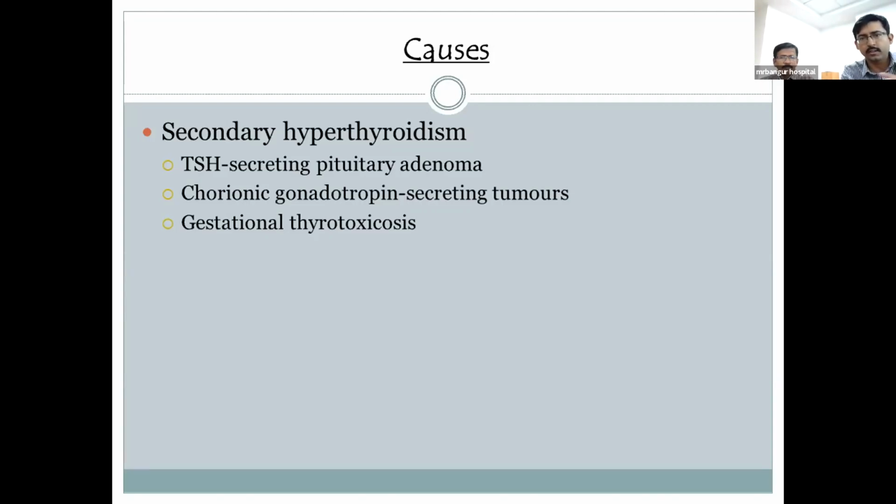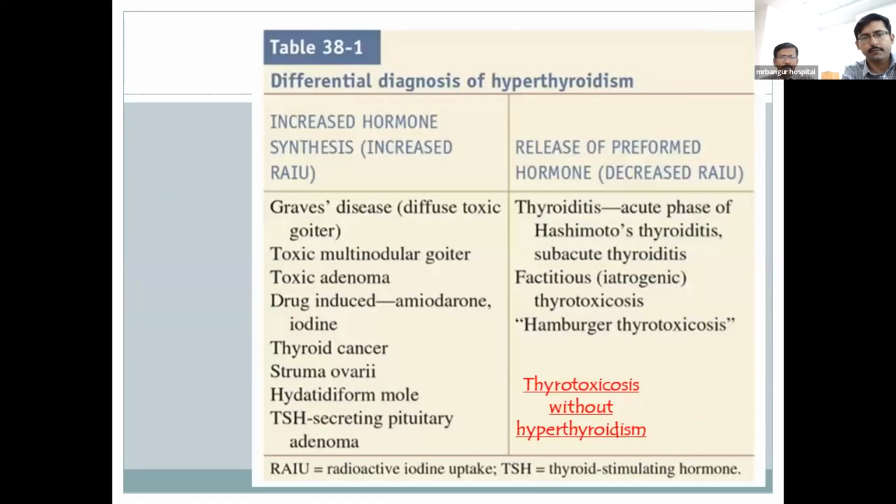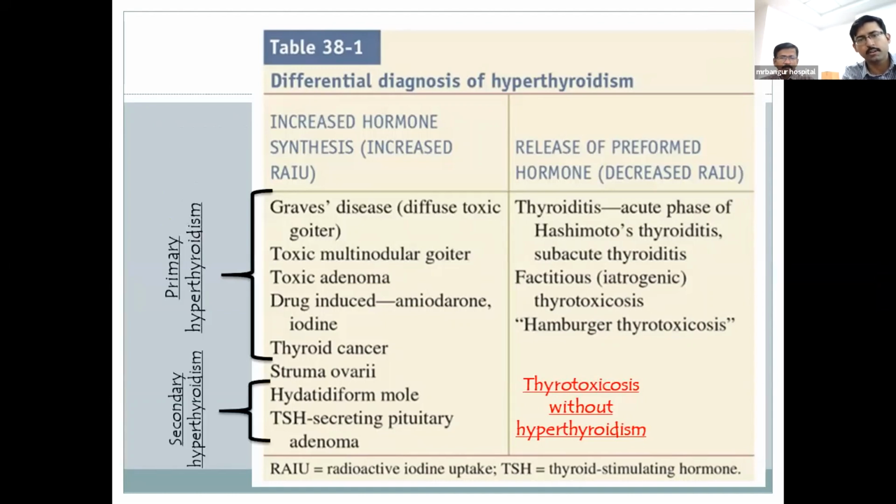Now, another way to look at the causes of hyperthyroidism is if we differentiate them based on increased hormone synthesis, in which case there will be an increased radioactive iodine uptake, or release of preformed hormones, where there is a decreased RAIU. Now, if we categorize it like this, then primary hyperthyroidism and secondary hyperthyroidism both come under the category where there is an increased hormone synthesis and increased RAIU.